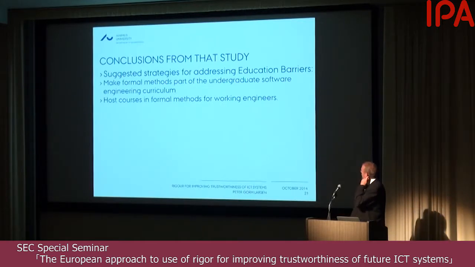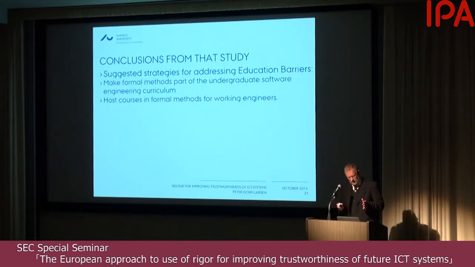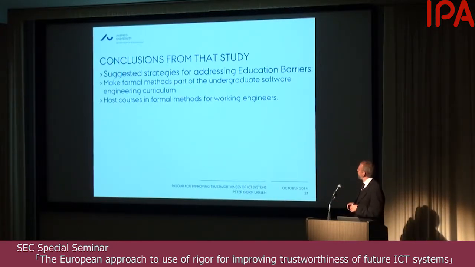So the conclusions they try to draw from this study is that they're suggesting some strategies to address the educational barrier by means of making formal methods part of the undergraduate software engineering curriculum at more universities.